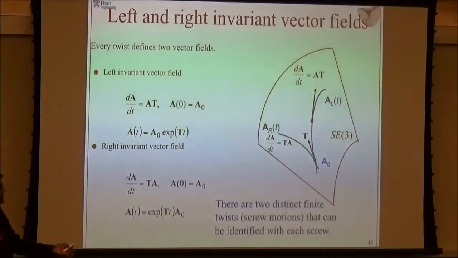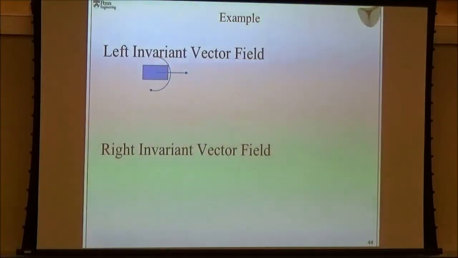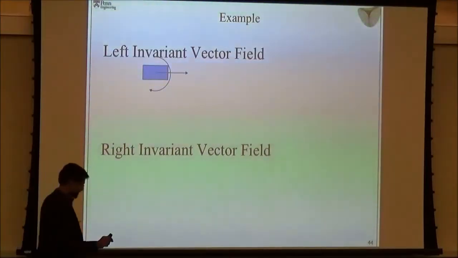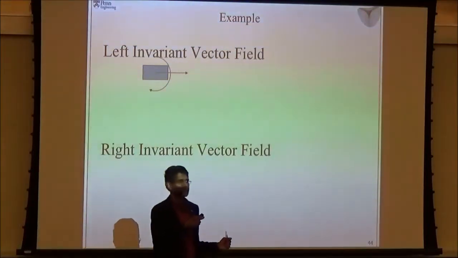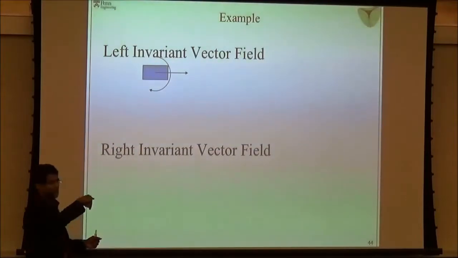To intuitively see what this means, let me take a very simple example. Here's a rectangle that I'm going to move using a left invariant vector field, and I've fixed my twist. It's basically unit forward translation and a unit clockwise rotation.